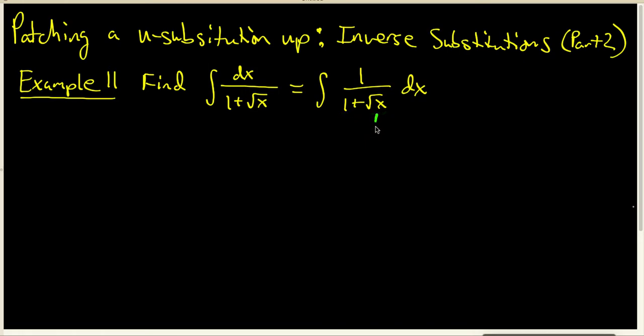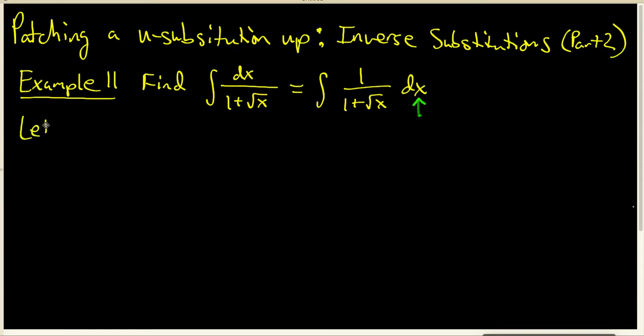Now, if I try to make u equal to just the square root of x, I still don't have what I need for du, but at least I'll be able to try to solve for x in terms of u, and I might be able to solve for dx in terms of du. So that's what I'm going to try and do.